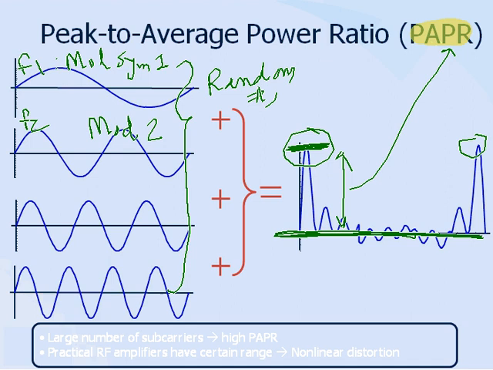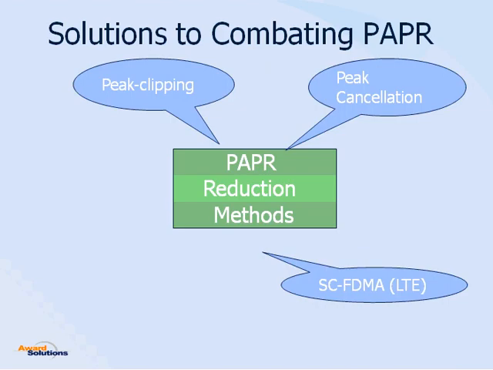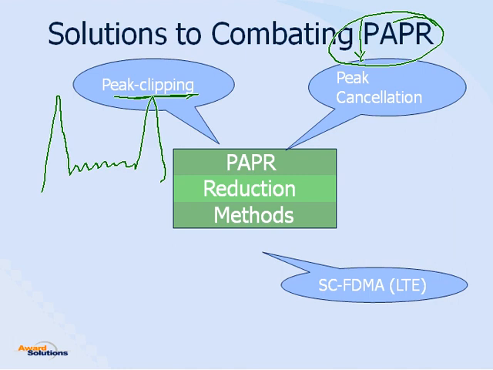Now that is the nature of the OFDMA signal. And how do we take care of that? There are several ways of reducing the peak to average power ratio. One is peak clipping, meaning let's say if this is the signal I need to transmit, I will just artificially chop it off here.